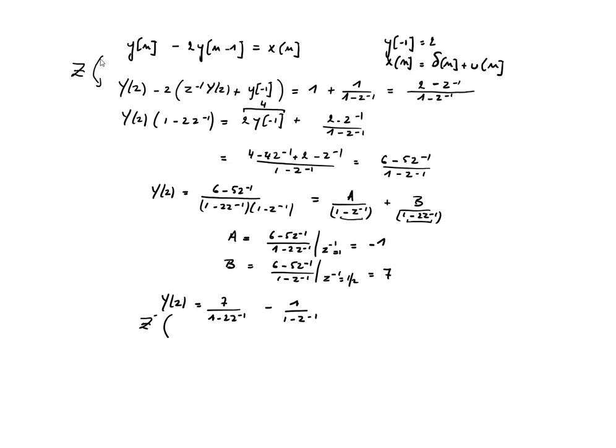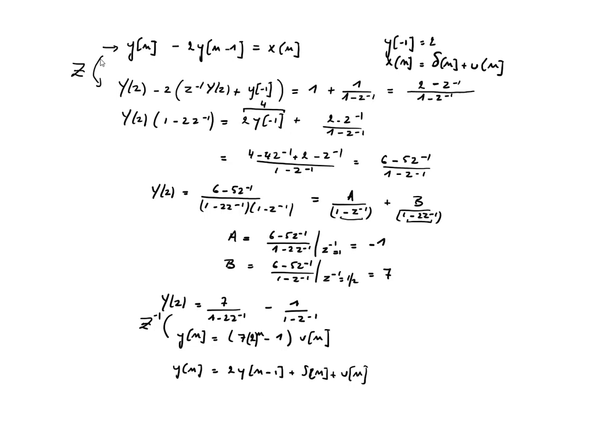We take the inverse z transform, and we have y[n] equal to (7 times 2 to the power n minus 1) u[n]. We see from the top equation that y[n] is equal to 2y[n-1] plus delta[n] plus u[n].